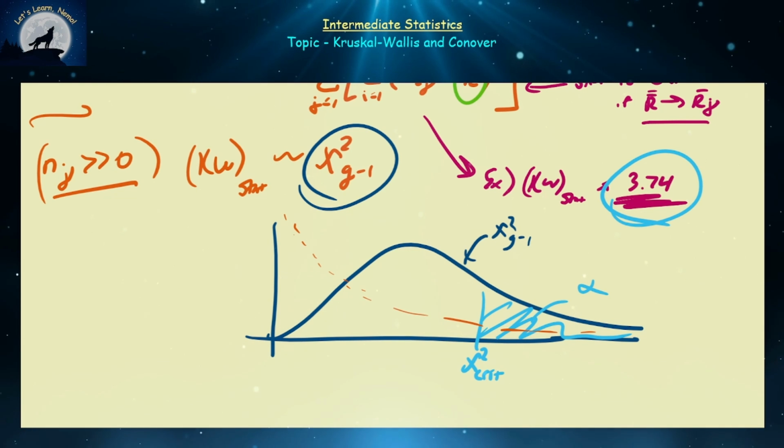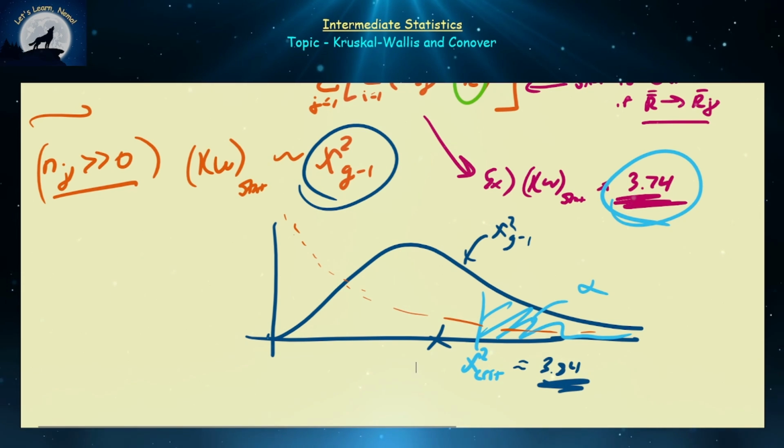But for our particular example, if we do use g equal to 2, and that's perfectly okay for the calculation, with 1 degree of freedom you're going to have 3.84 as your critical value. So we have 3.84 there and 3.74 over here. We're not in the rejection region, so we would fail to reject the null hypothesis that the ranks across these g equals 2 groups are equal to each other.